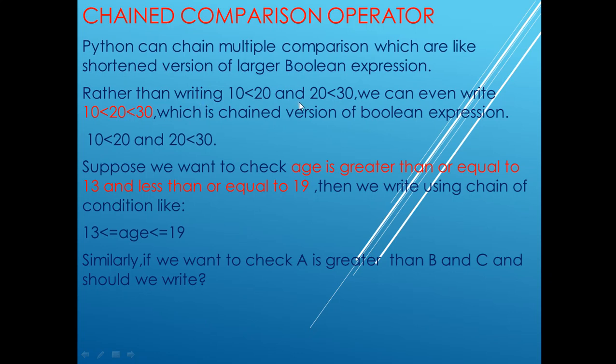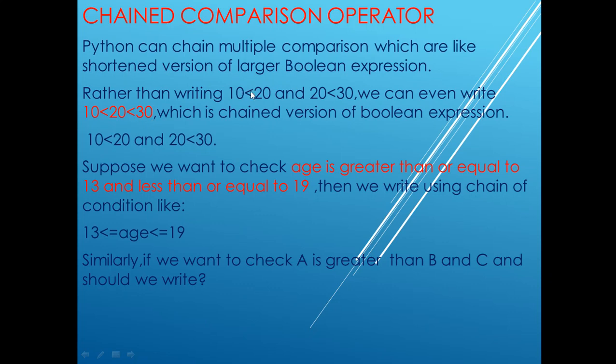So when comparison operators are written with the logical operator and, that only can be chained. So 10 less than 20 less than 30. This whole statement, the larger expression, has now become short.